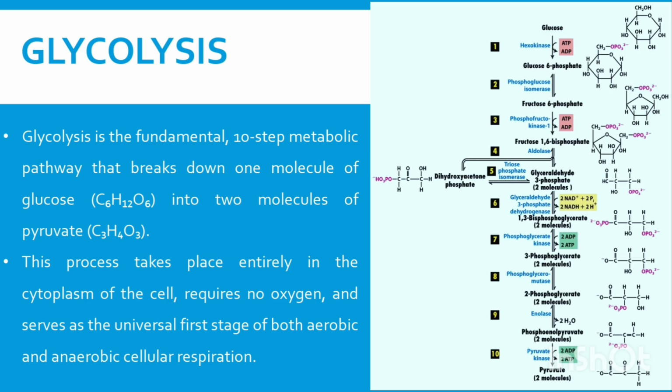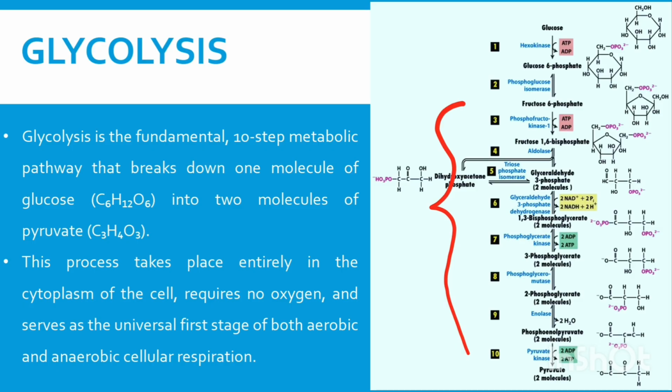The product is pyruvic acid, which acts as substrate for the next Krebs cycle or fermentation in case of anaerobic respiration. This whole 10-step enzymatic process takes place in 2 phases. The first phase is the preparatory phase or energy consuming phase, and the second phase is the payoff or energy yielding phase.